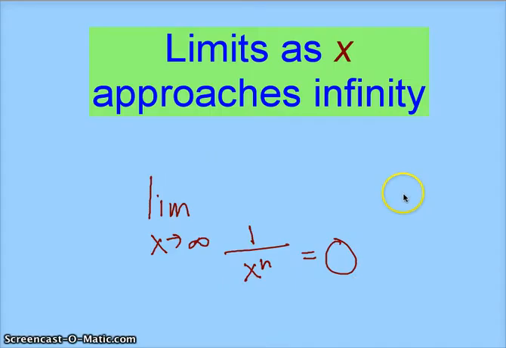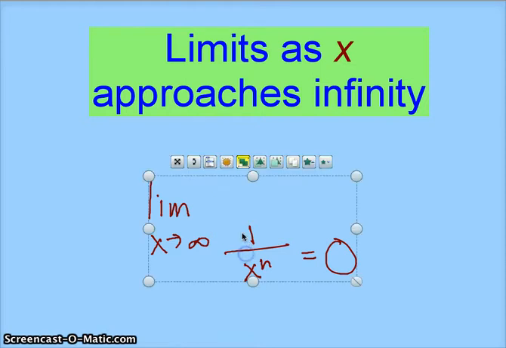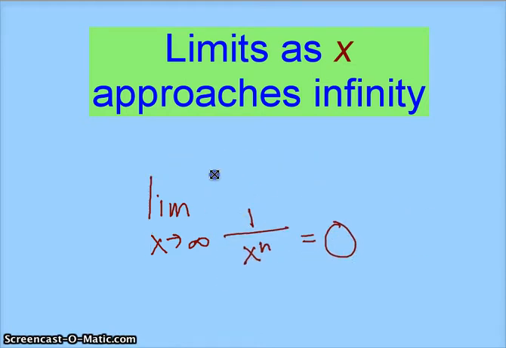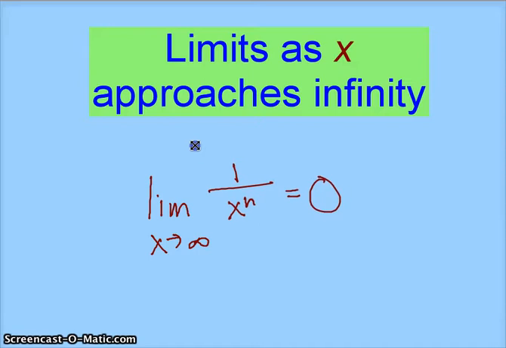So to generalize, we can say that as x approaches infinity, the limit of a function where we have some constant divided by x raised to some exponent will approach 0.